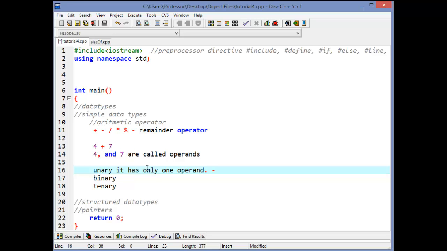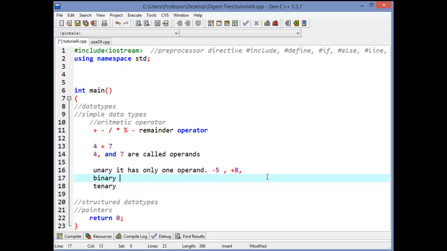For example, if I write -5 here, the negative symbol is acting on only one operand, which is 5. So it becomes a unary operator. If I write +8, the positive sign becomes a unary operator because it's operating on only one operand. And we have a whole lot of unary operators. All you have to know is that they operate on only one operand.